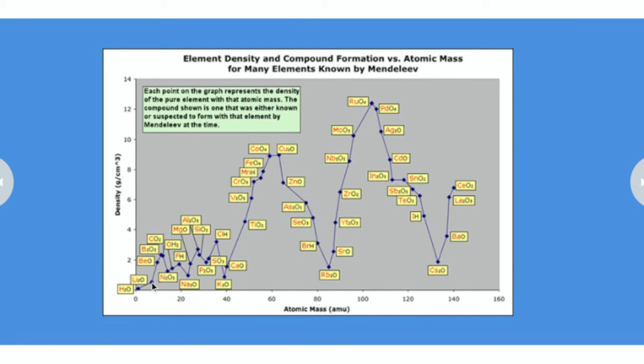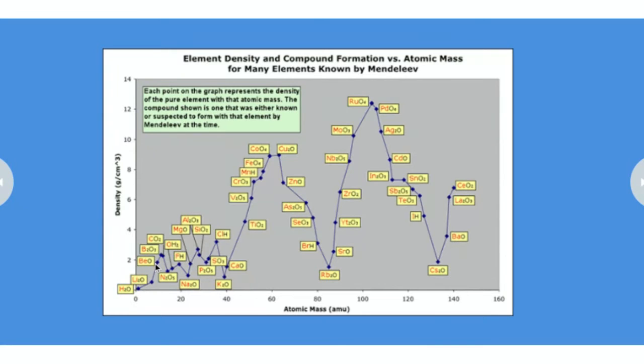Let's start with lithium. Lithium, it took two lithiums for every oxygen to make a compound. Now, the next heaviest element was beryllium. You look at beryllium, it has one beryllium per oxygen. And the next element is boron.